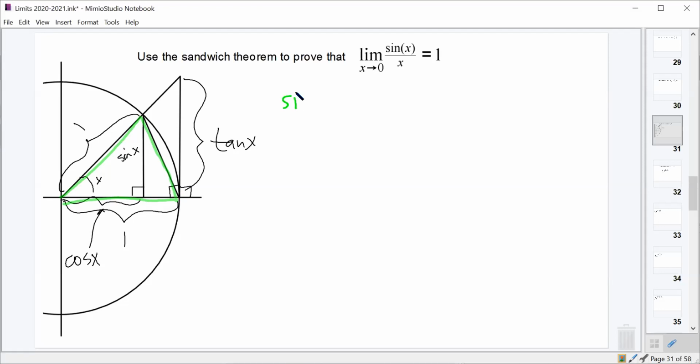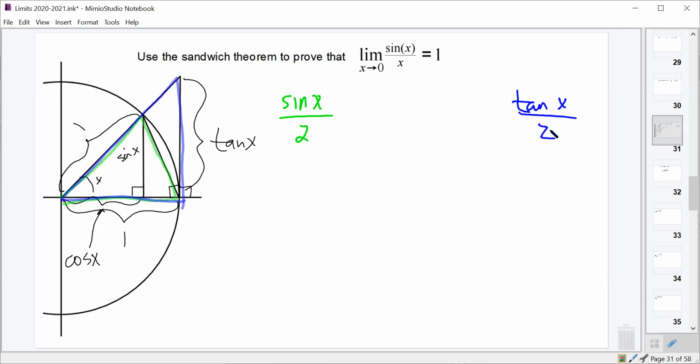So that green triangle has an area of sine x over 2. Next thing I want to know is the area of this big triangle. That one should be tangent x over 2. Same concept, right? 1/2 base times height.